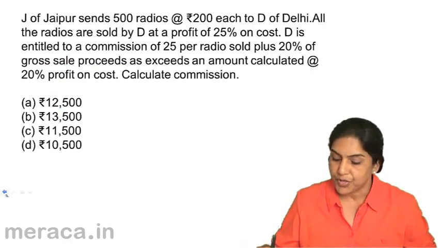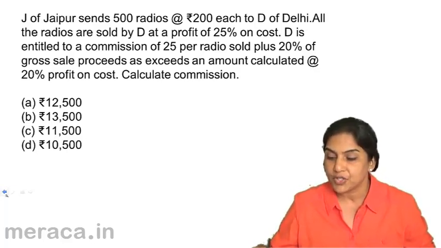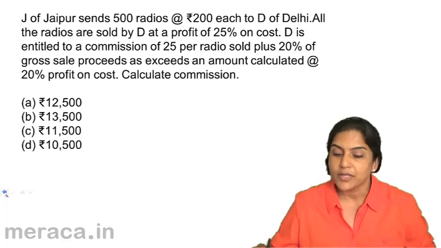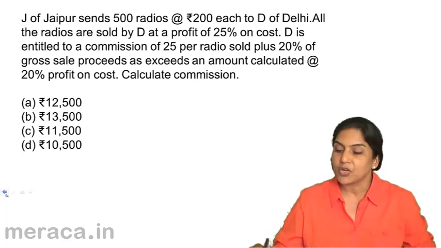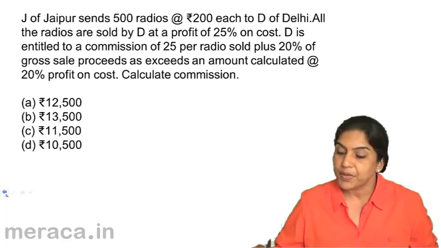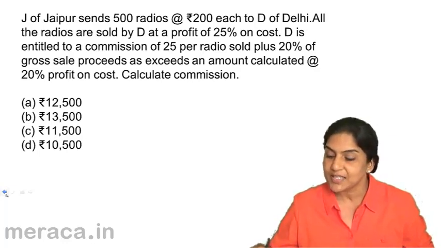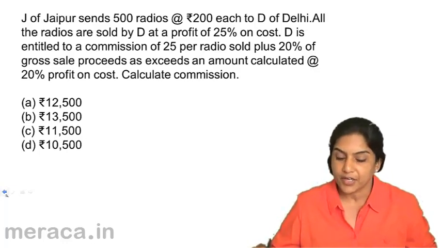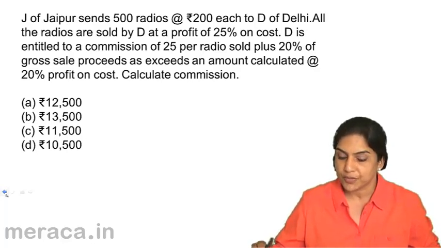J of Jaipur sends 500 radios at the rate of 200 each to D of Delhi. All the radios are sold by D at a profit of 25% on cost. D is entitled to a commission of 25 per radio sold plus 20% of the gross sale proceeds as exceeds an amount calculated at the rate of 20% on cost. Calculate commission.